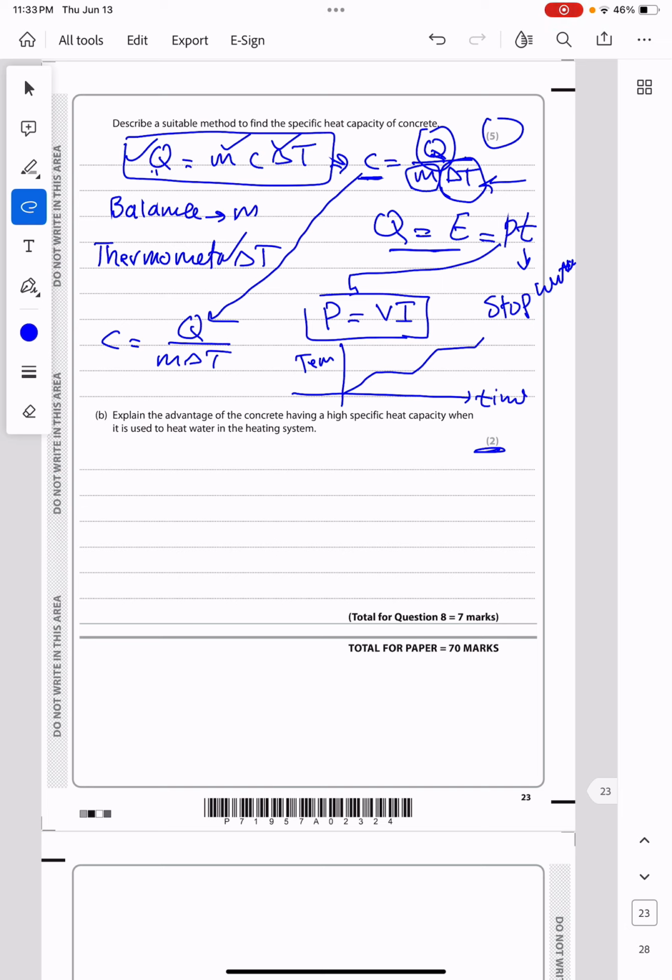So even if we don't have some kind of source of heat in the surrounding, let's say at night, the concrete won't lose its energy that fast, and so the water inside of the concrete will stay warm for a longer time. We can say that the temperature of the water will be maintained warm for a longer time. I hope it's clear.